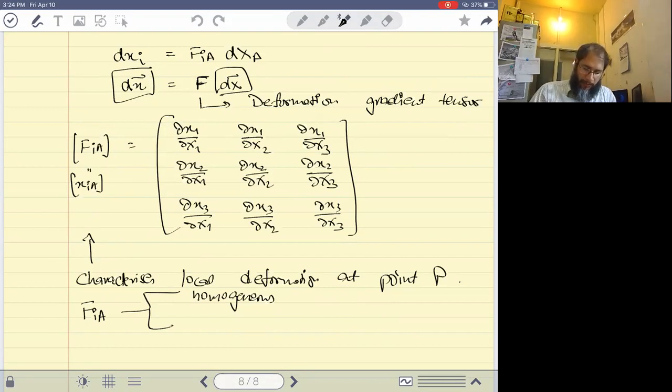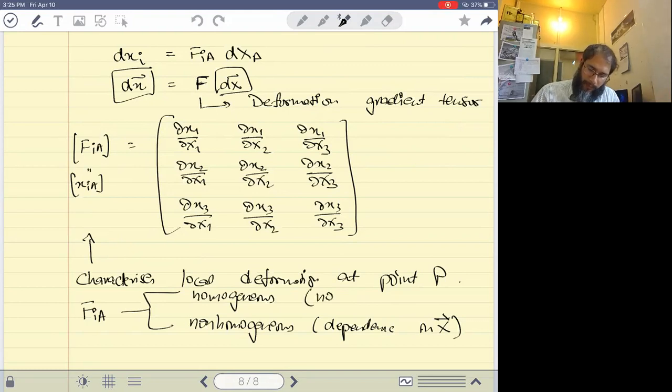And non-homogeneous means that it has a dependence on capital X. That is, if you take different material points, they have different values of the deformation gradient tensor F. So this tells us if the deformation happening in a body is homogeneous or non-homogeneous.